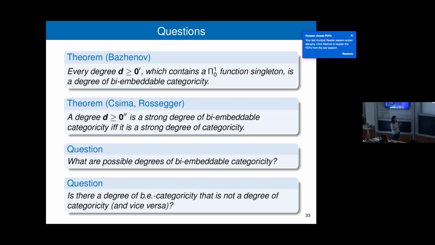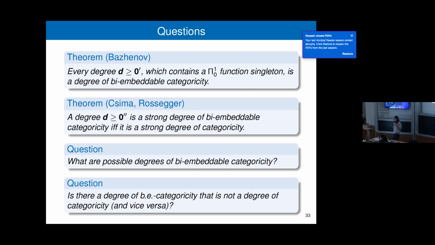So actually, if we want to solve this last question, we do not have many possibilities to look at if we talk about strong degrees of categoricity. So maybe we need to look at those that are not strong, or look for them not above 0 double jump.